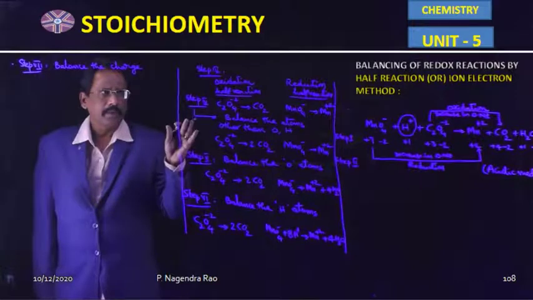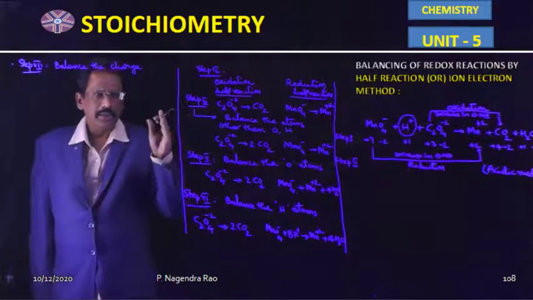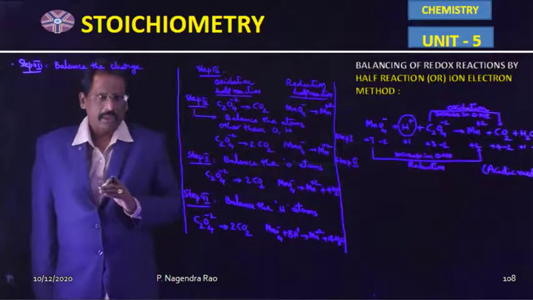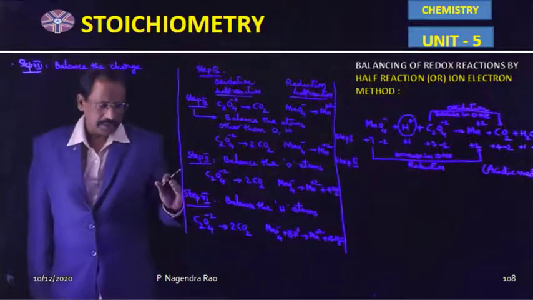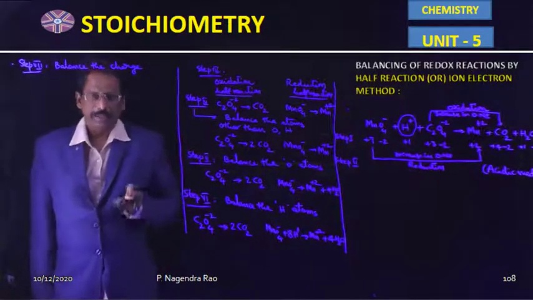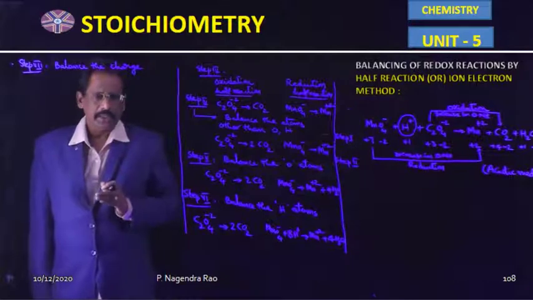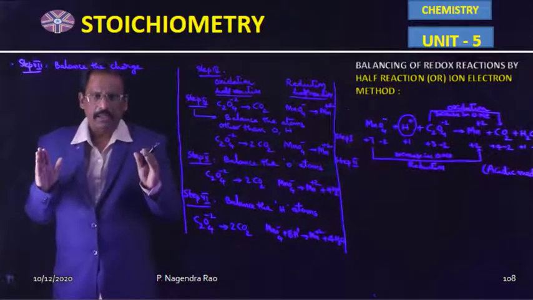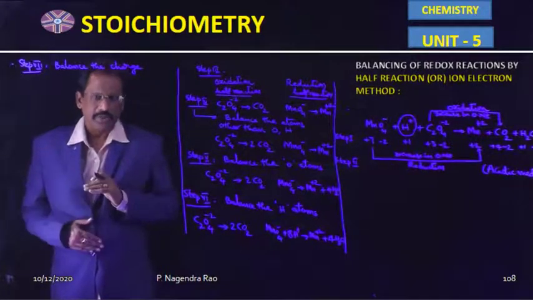Generally, in any oxidation half reaction, electrons appear in the product side. That means loss of electrons is known as oxidation.